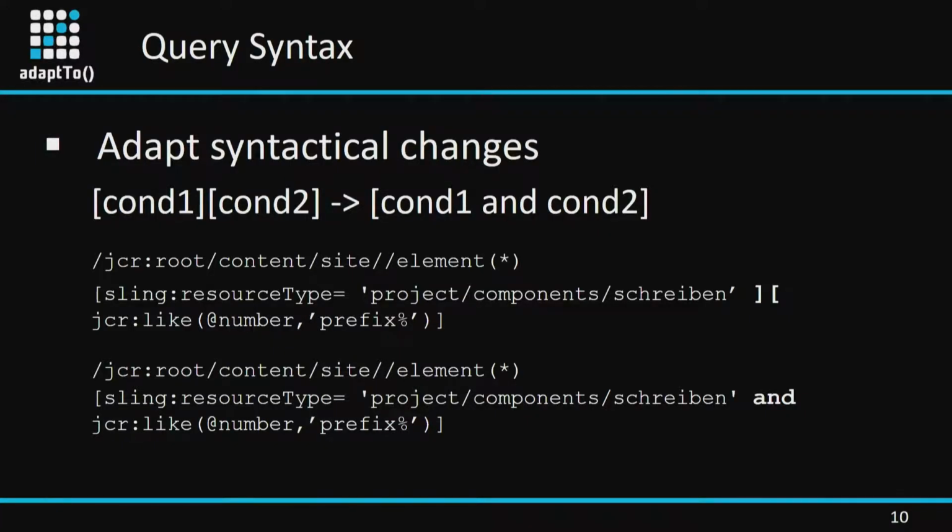Now you have to write explicitly the AND operator and enclose all around with square brackets. There are these kinds of changes you have to do to adapt to the syntactical changes. It's not very difficult to do that, so the first step can be done very quickly.